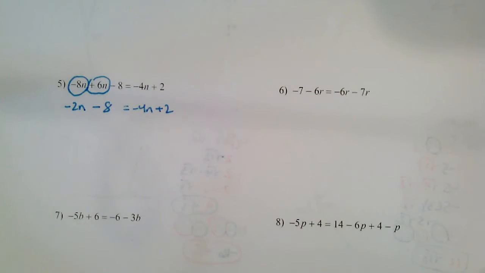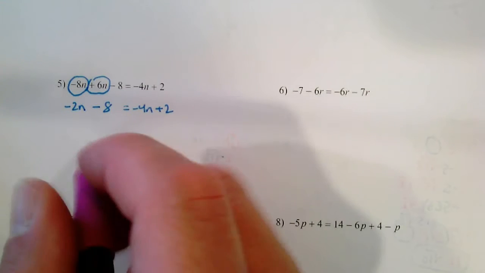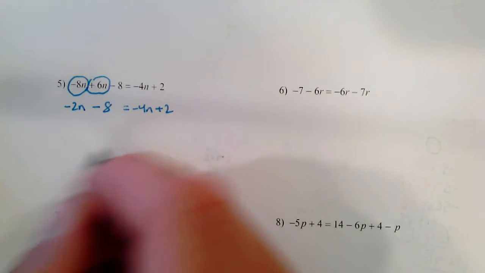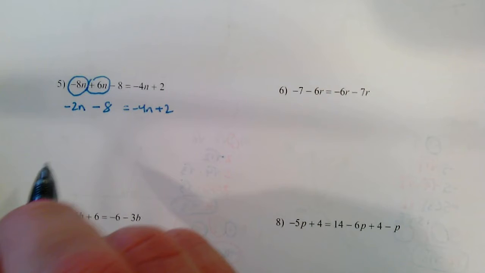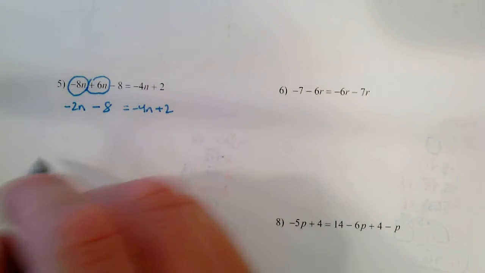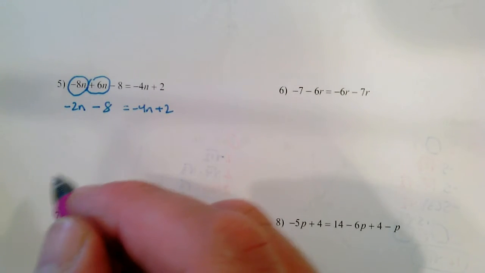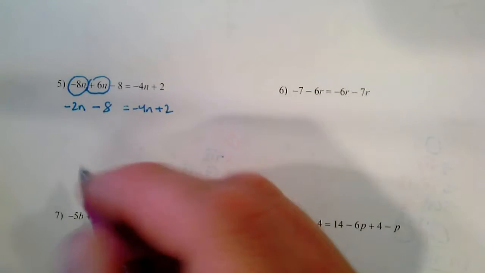Now that we've combined like terms, our next step is going to be to bring all of the variable terms to one side. Now, most people like them on the left-hand side. You can do either way, whatever floats your boat, but we'll just go to the left-hand side.